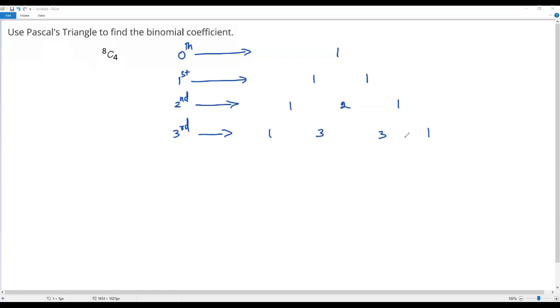Now let's understand how this Pascal triangle can be used to get the value of the combination 8C4 or any combination. In the 0th row, we have only one element, that is 1. In the first row, we have two elements: the first 1 is the value of 1C0, and the second element is the value of 1C1. Now let's consider the second row. The first 1 should be considered as 2C0. Since we've gone to the second row, the value of n has to be 2. Usually we write the combination as nCr.